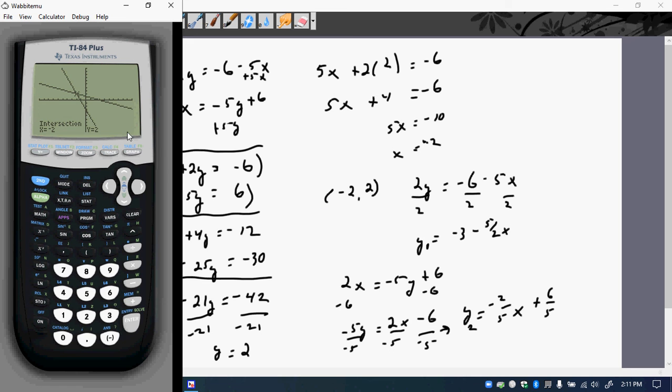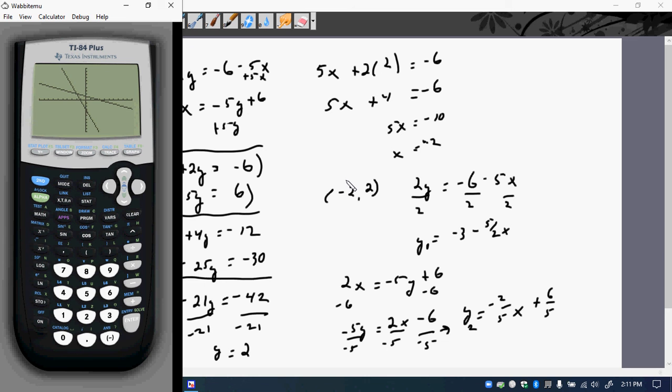I can also see it in the table. I can hit second table, and I'll go to my x value of negative 2, and there it is. I get both y values for 2. So I'm able to show numerically and through a table and through the graph that my solution does work. It's negative 2, 2 for all that.